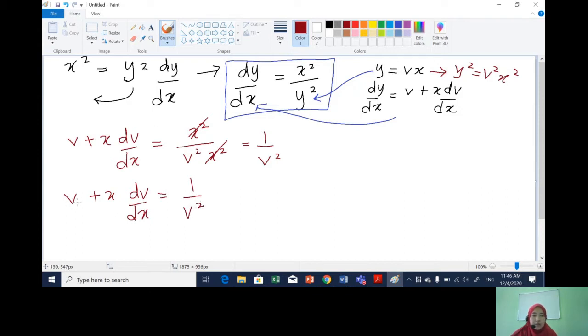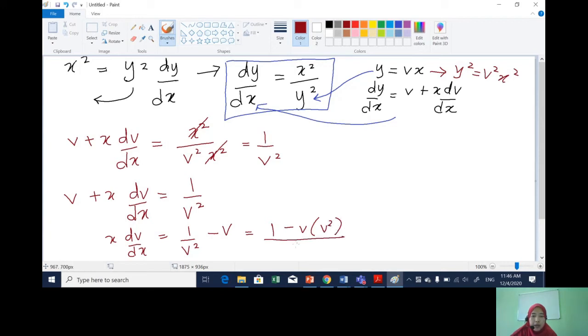We settle first for v, simplify. This v on the left hand side, we bring it to the right hand side. Then we have x dv over dx is equal to 1 over v squared minus v. Why do we have minus? Because there is a plus here, so bringing it to the other side will be negative, meaning subtract. This fraction we combine in terms of v. For this one we multiply with the denominator part, so this will be 1 minus v times v squared.